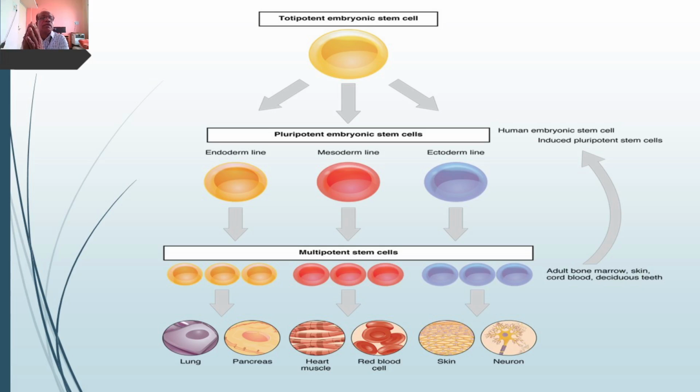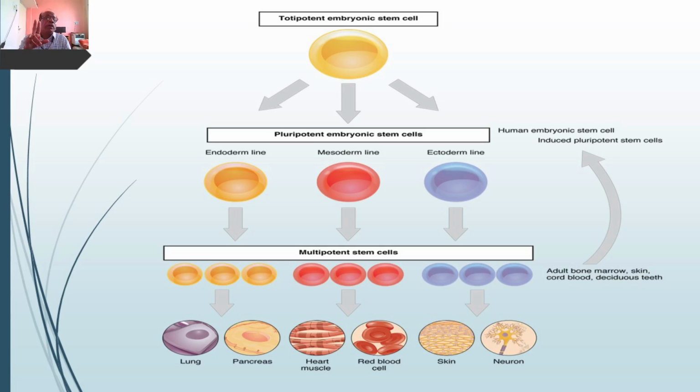Some of the cells of the blastula and gastrula are transformed into pluripotent embryonic cells in the form of three basic germ layers, that is ectodermal cells, mesodermal cells or endodermal cells, and this can be represented in the figure as the ectoderm line, mesoderm line or endoderm line. So these are the pluripotent embryonic stem cells which are developed during gastrulation.